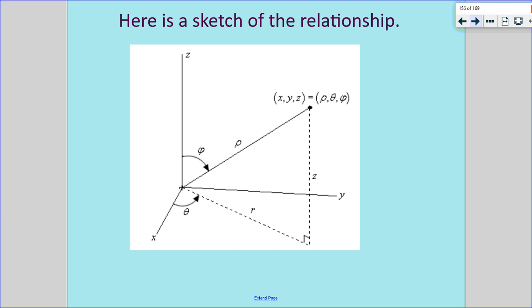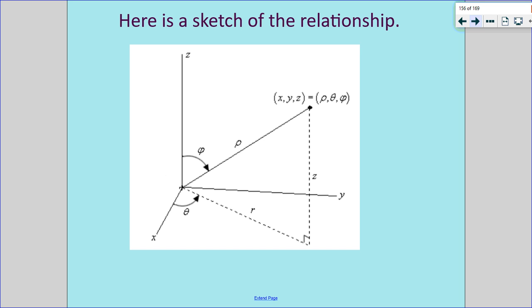So let's say rho is the length of this yardstick, and this is the positive x-axis. I line this up. It's rho units long. Let's say my theta is pi over 2. So I'm going to rotate it pi over 2.